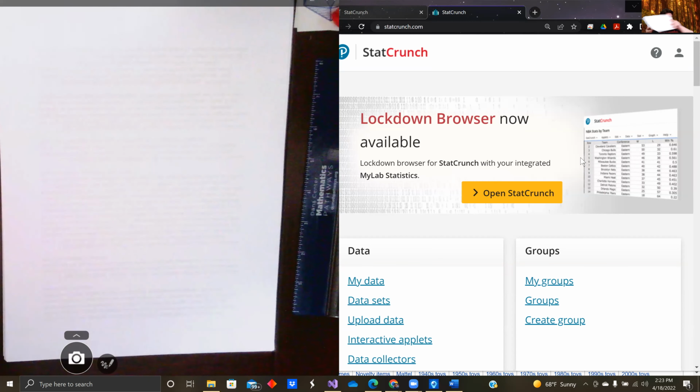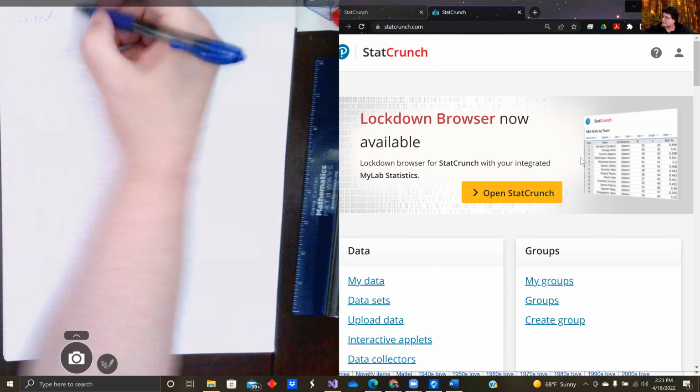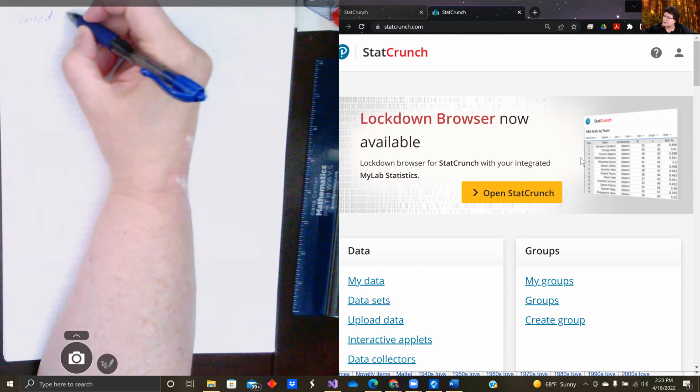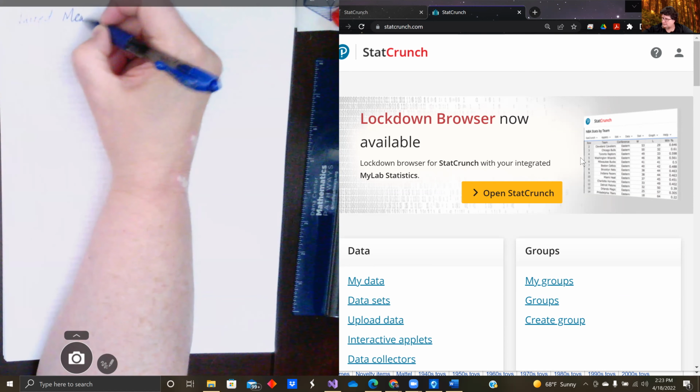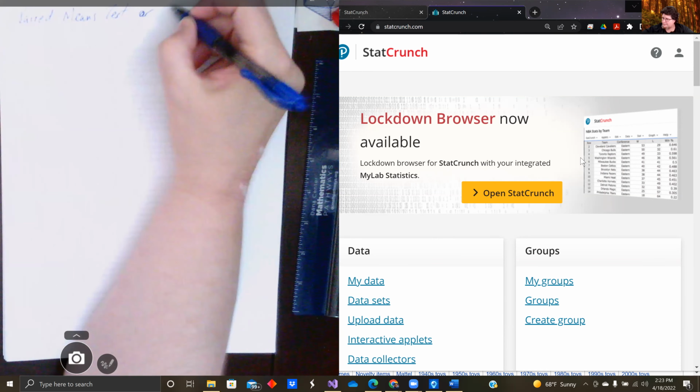So this 2-sample paired test, or the paired test, or 2-sample mean test, or 2-sample dependent mean test.